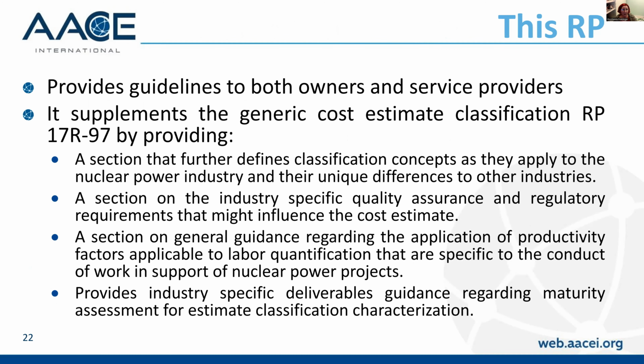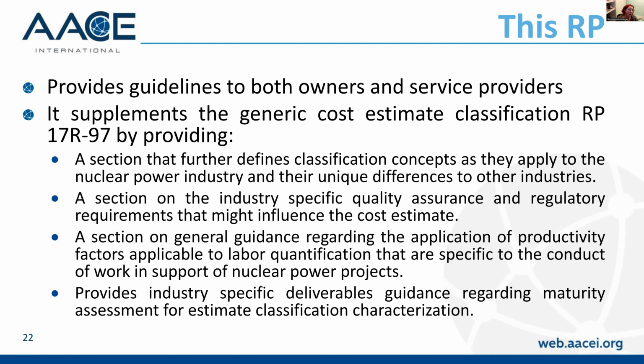So the RP provides guidance to both owners and service providers, vendors, and it supplements the generic cost estimate classification RP 115R-97 by providing an additional section that provides some further classification concepts and definitions as they apply specifically to nuclear, and the specific differences in nuclear as opposed to other industries.